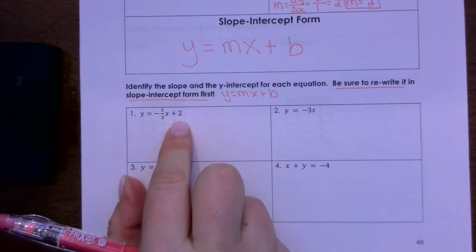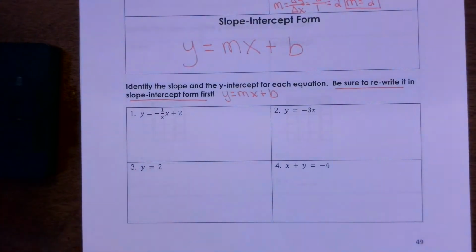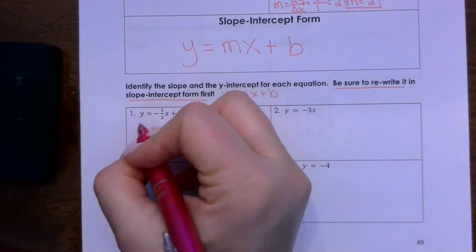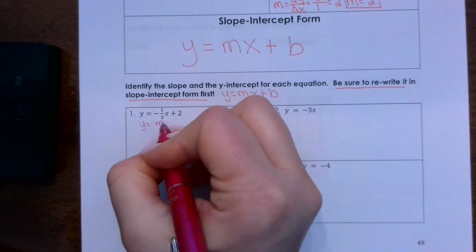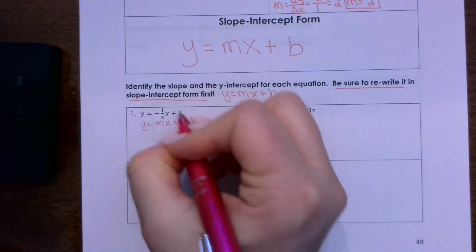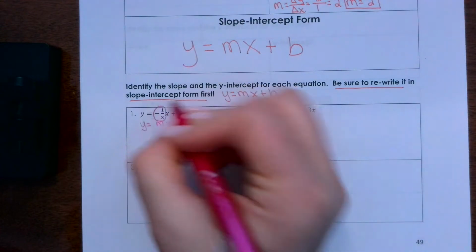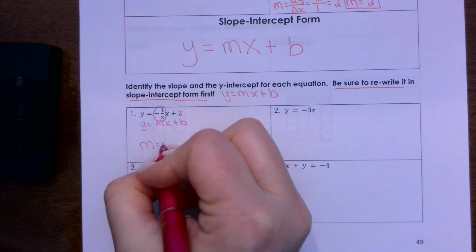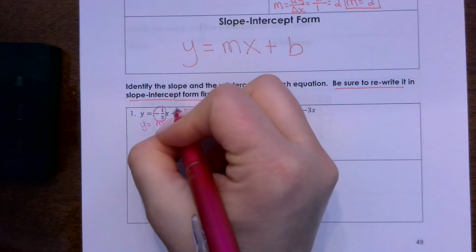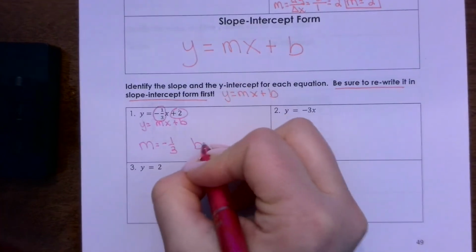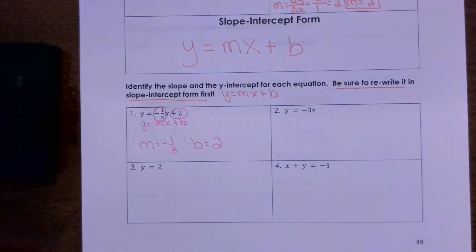Is this equation in y equals mx plus b? Yes. So I know that this is y equals mx plus b. So my m, or my slope, is negative 1/3, and my b is a positive 2.